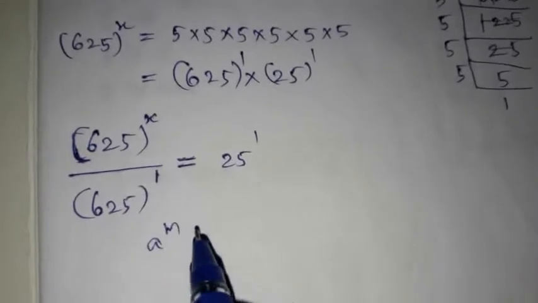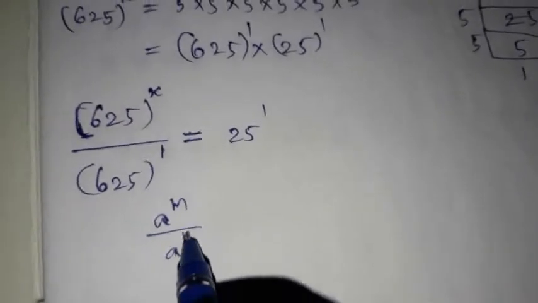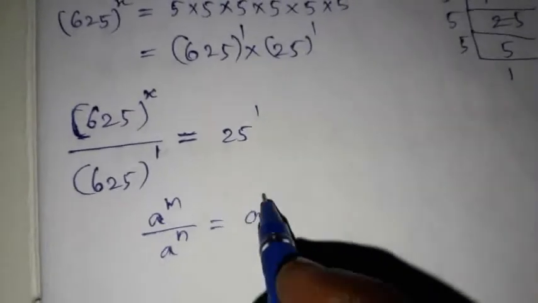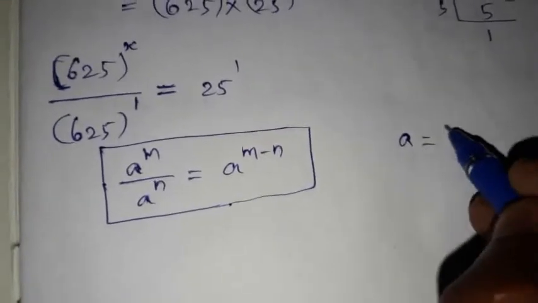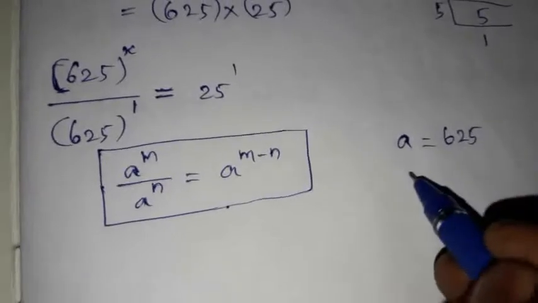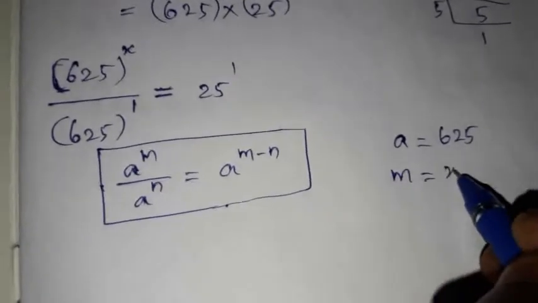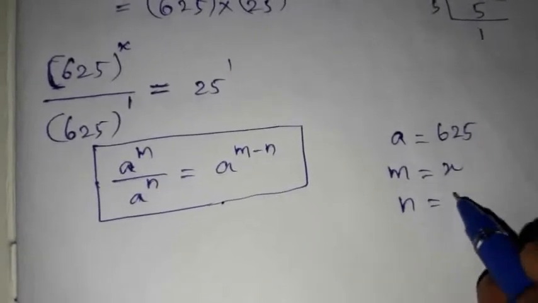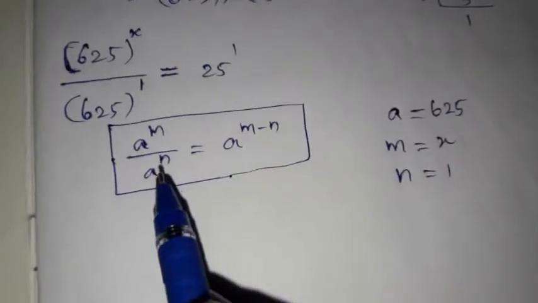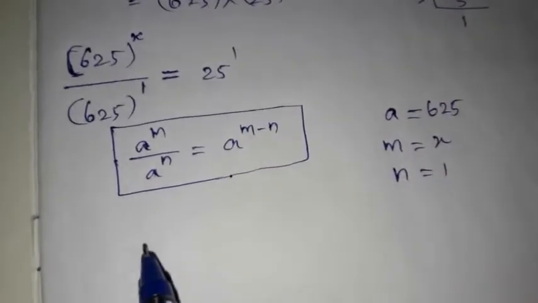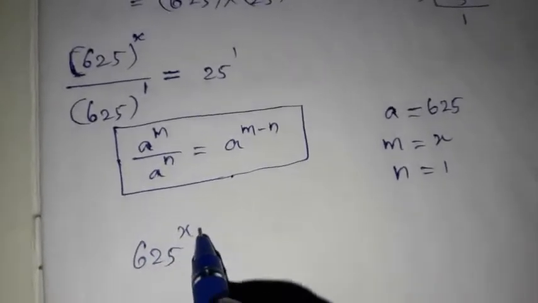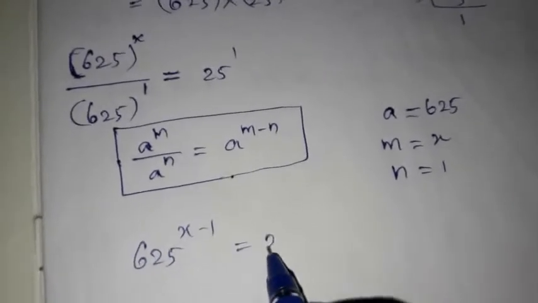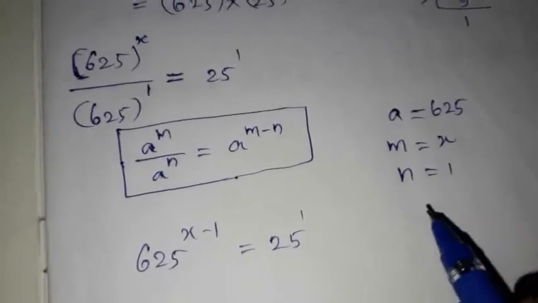A power m by a power n equal to a power m minus n, where a equal to 625, m equal to x and n equal to 1. By this law of exponent, we get 625 the whole power x minus 1 equal to 25 power 1.